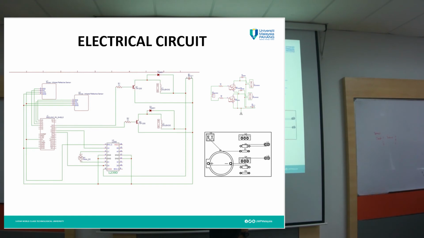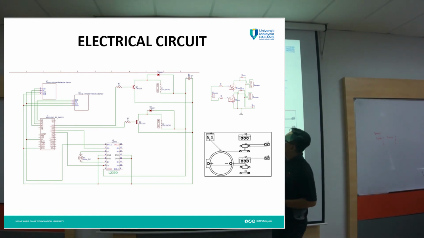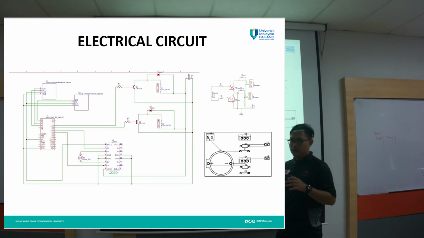We use a DC motor, which is 12 volt, and this is the solenoid controller. By the direct input from the Arduino, it will control when the solenoid will push or retract.